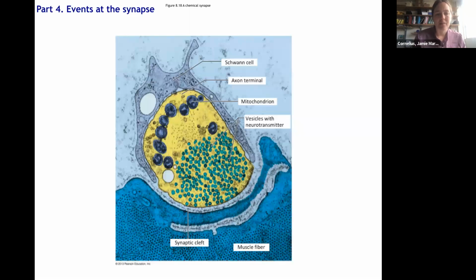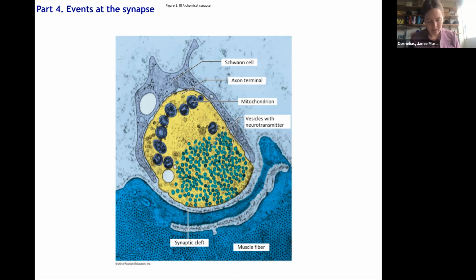Okay, so we've gotten down the axon to this synapse. This is a nice visualization of a synapse sliced through the axon.